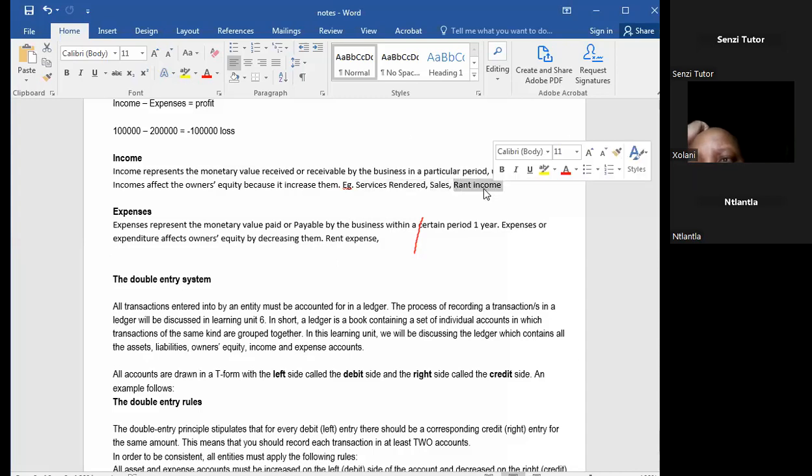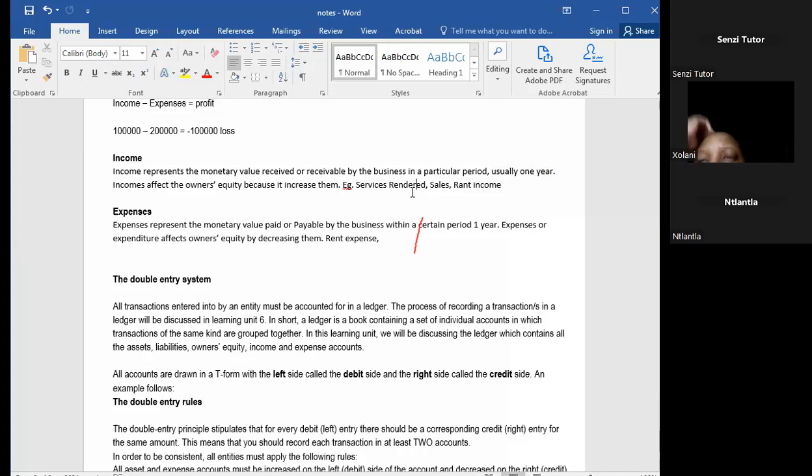We know that a service rendered is regarded as an income after a business has rendered a particular service. For example, if you have a business which is a salon, you are selling nothing, but you are providing a service. The income that you get from that particular service will be called service rendered.